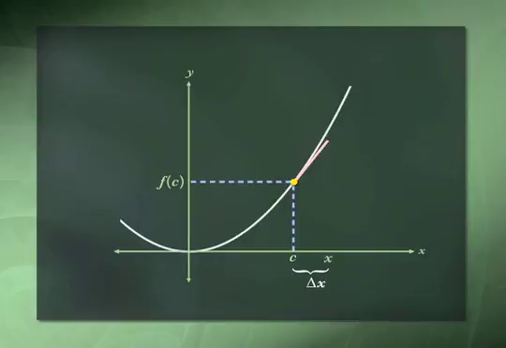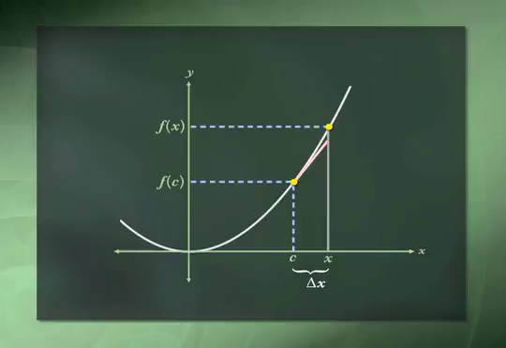So x is near c. It's the horizontal distance of delta x. And now go up and have x go up and bump into the curve. It hits the curve at f of x. Okay? So we have c hitting the curve at f of c, and the nearby point x hits the curve at f of x. Good.